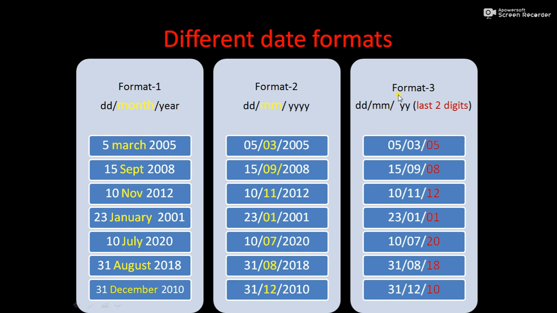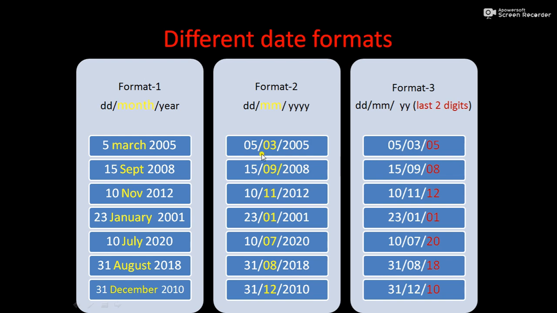Now coming to the third format. Here I have written only the last two digits of the year. You see here I am using 4 digits, so 2005. Instead of writing the whole 4 digits, I am using only the last two digits here. So I have mentioned here YY.